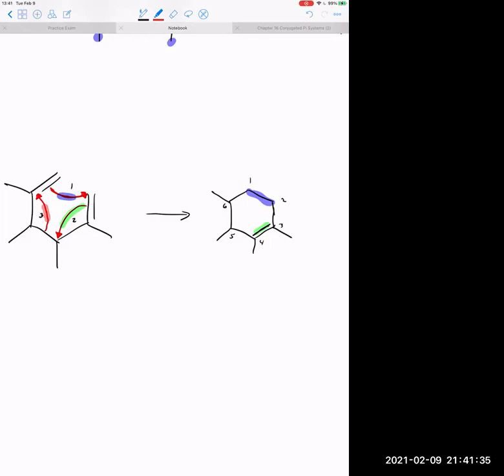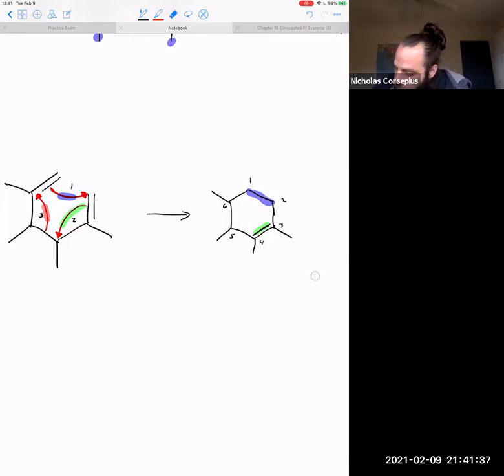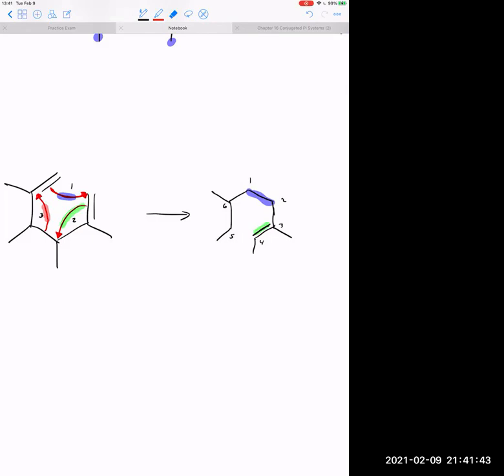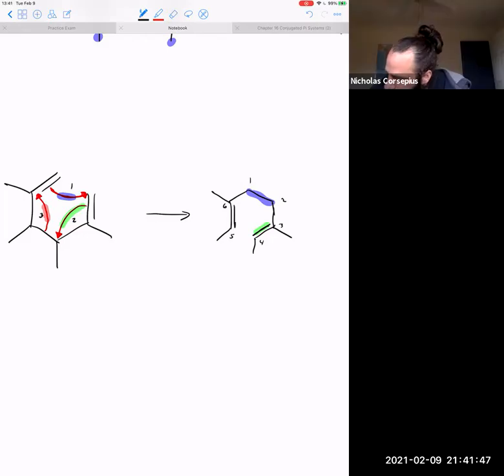It breaks the bond. So I'm going to have to now erase this bond between 4 and 5. And those electrons now make a double bond between 5 and 6. Yep. Boom. Okay, and this is this red pair.